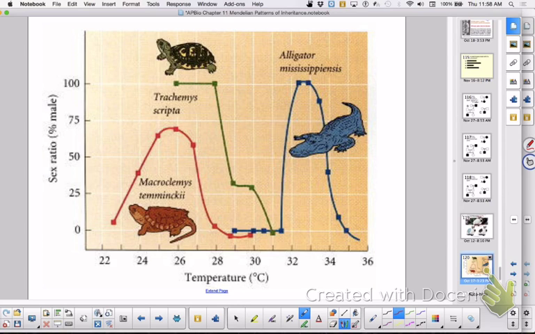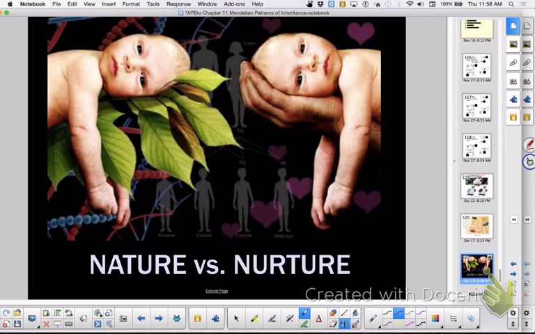That will vary the temperature of the nest and the offspring they will generate. And then this brings in the case of nature versus nurture. How much of our behavior is a result of our nature, what's in our DNA, and how much of it has to do with our nurturing? We'll talk about that when we do the behavior chapter.